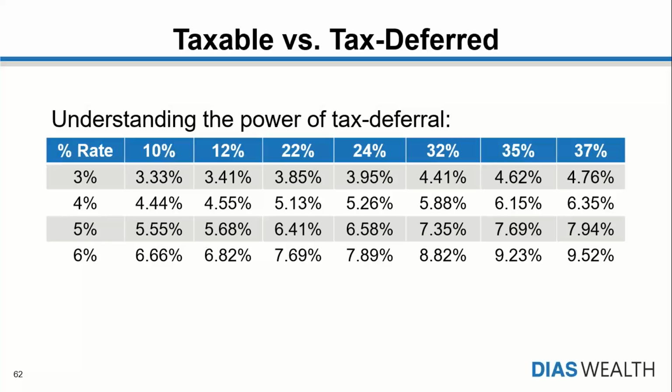A comparable taxable account, one that you're paying taxes on, if you're in a 10% tax bracket would be 3.33. But look at this. If you're in the highest tax bracket that's out there, on just 3% alone, you have to earn at least 4.76 just to match. And let's just say the annuity would earn 4%. You're actually a little bit over 6% when you're in the 37% bracket. So very important with tax deferral.